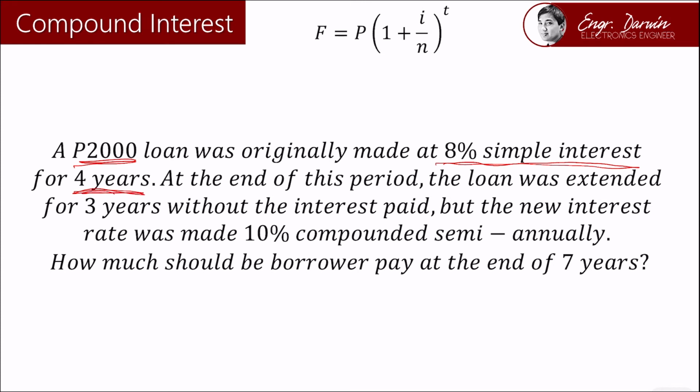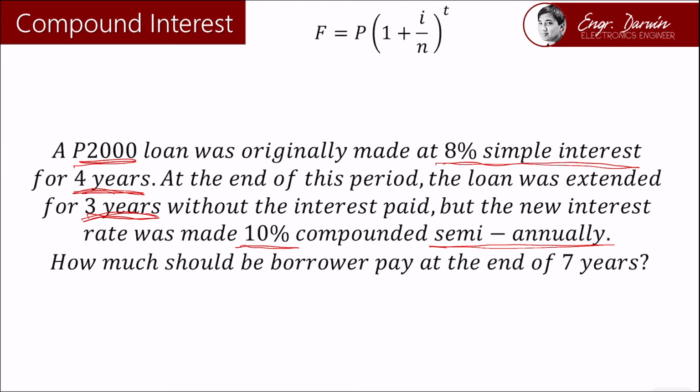At the end of this period, the loan was extended for another 3 years without the interest paid, but the new interest is exposed or made with 10% compounded semi-annually. How much should the borrower of the 2,000 peso loan pay at the end of 7 years?